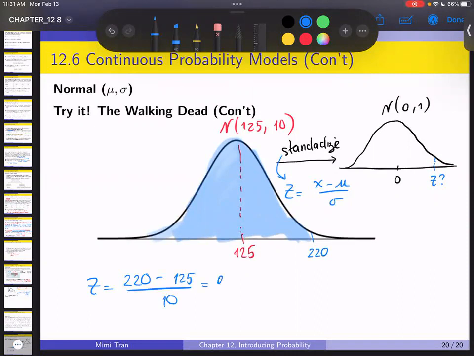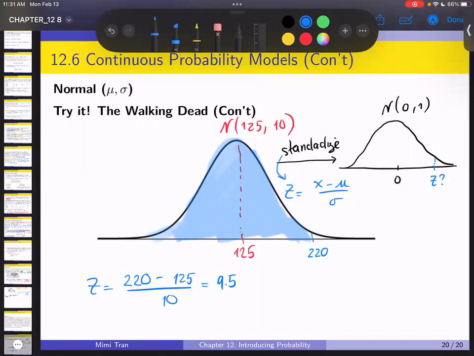Wow, 9.5. If you look up the table, what do you conclude? You don't have 9.5 in your table, but what do you conclude? The probability is close to 1, right? Because at 3 point something, it's already 0.9999 something, right? So at 9.5 it pretty much covers everything in the curve.